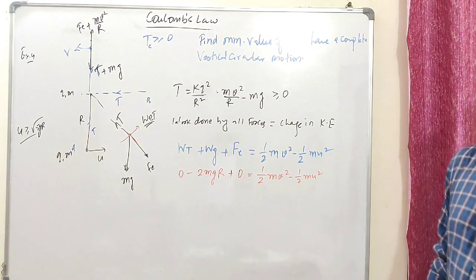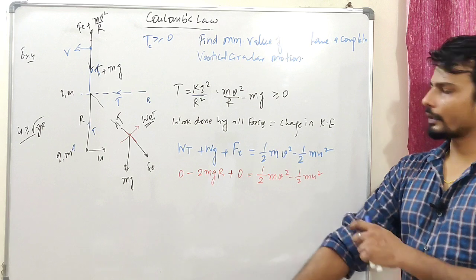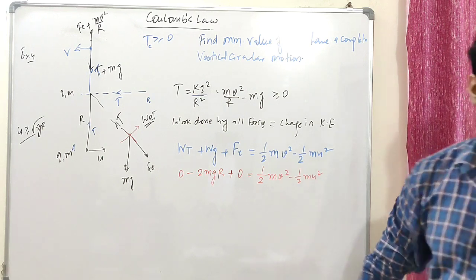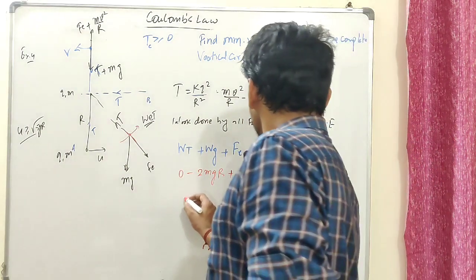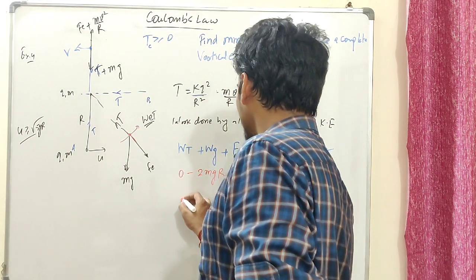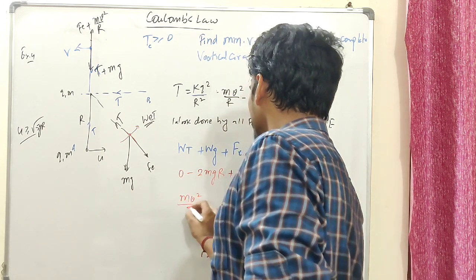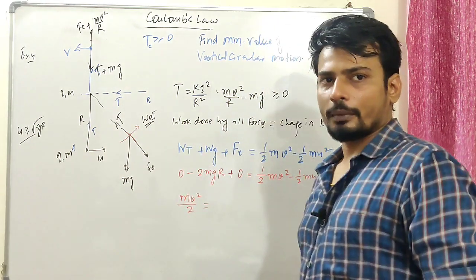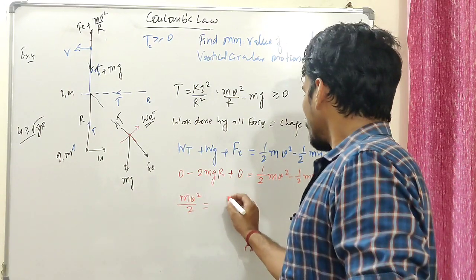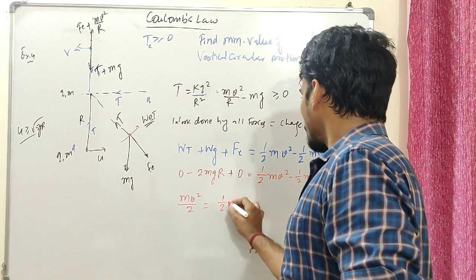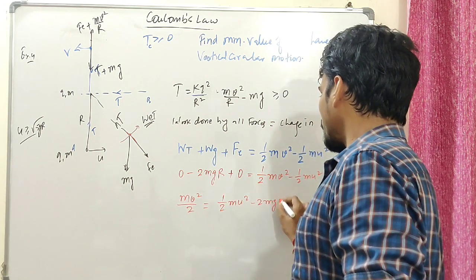Alright guys, now from here can I get the value of v in terms of u, which I'm going to put over there? I'm going to get the value of u. Agree or not? Okay, so what I'm going to get over here, I'm just going to write mv square over 2 should be equal to half mu square minus 2mgr.